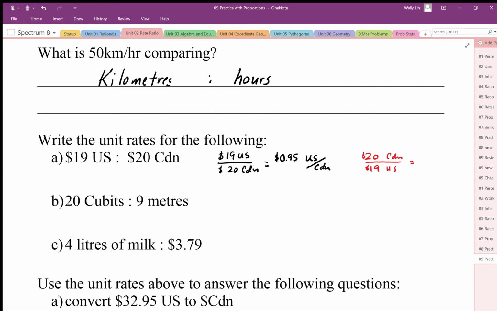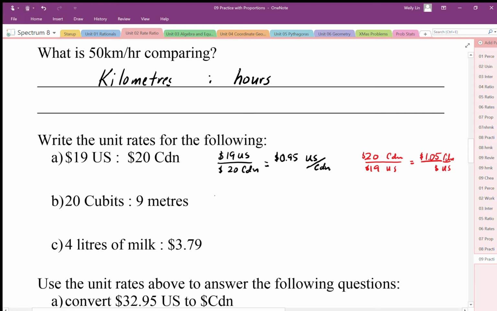Okay, so I'm going to write that as $1 and approximately 5 cents. This is Canadian compared to $1 US. Okay, Canadian to US, US to Canadian. So there's two different rates that we have here. One is the reciprocal rate of the other.